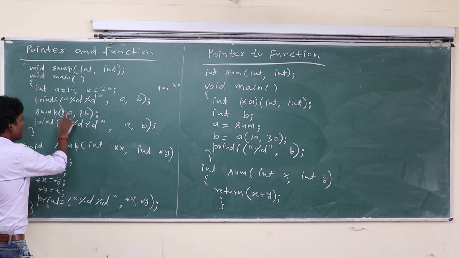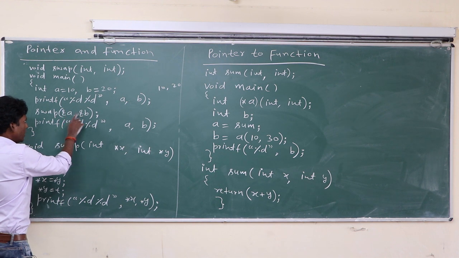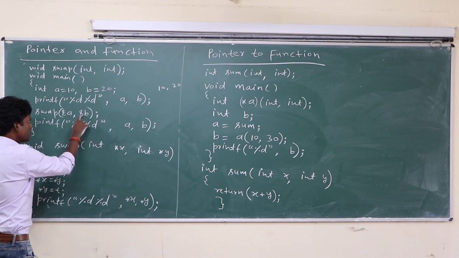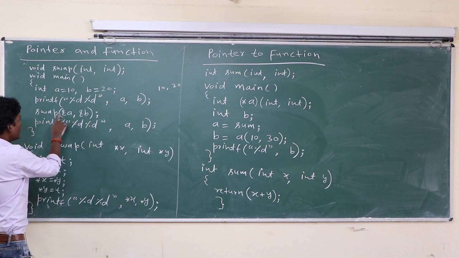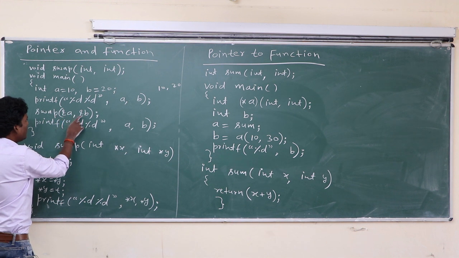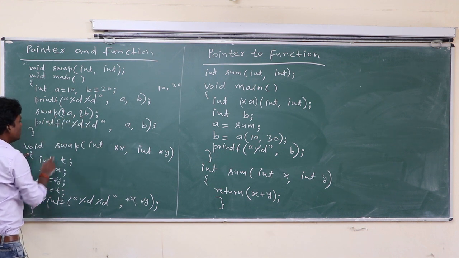Here &a means address of a, here &b means address of b. Here the addresses of a and b are passed in the swap function.